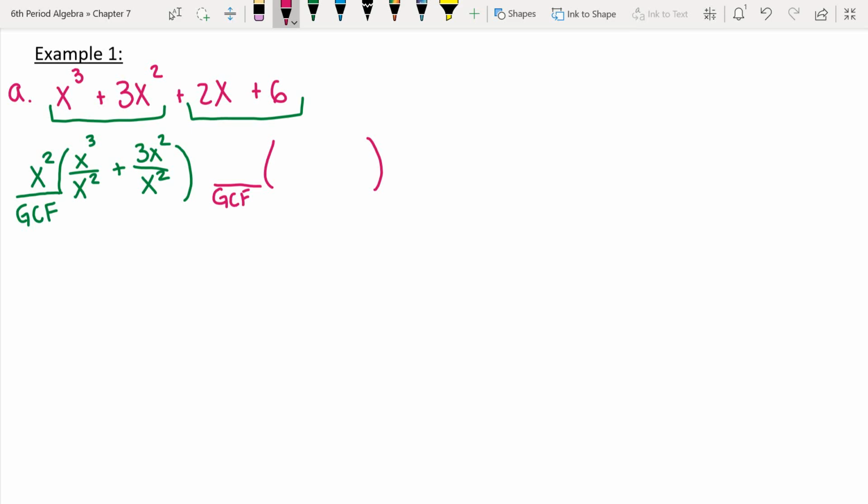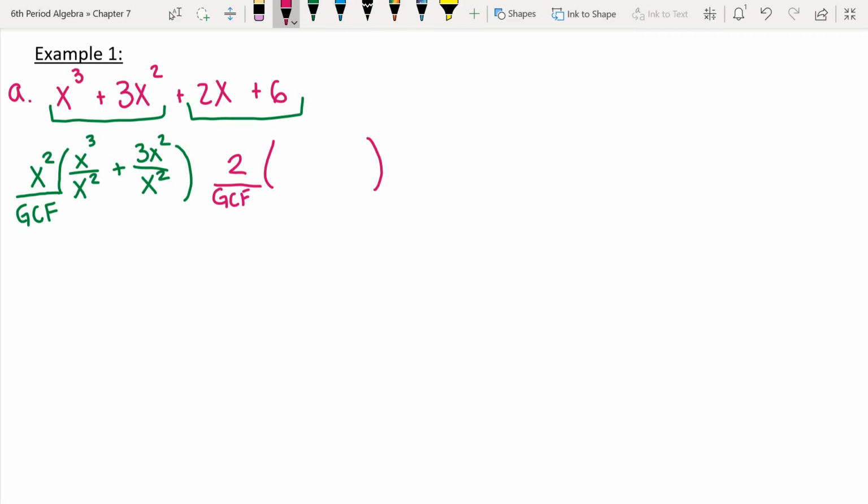I see that only one term has a variable, meaning an x, so the variable is not going to be part of our GCF. So then I look for the numbers, maybe a number that both terms have in common. That's when I'm looking at the coefficient of 2 and our constant of 6. Just given those two numbers, there is a GCF. The greatest common factor between those two numbers is 2. So that means I could divide out a 2.